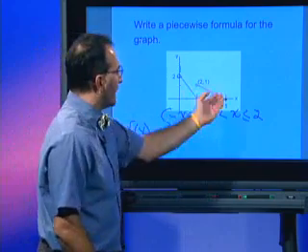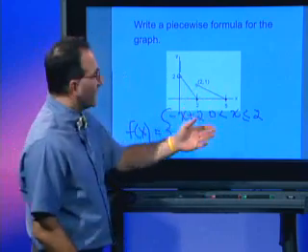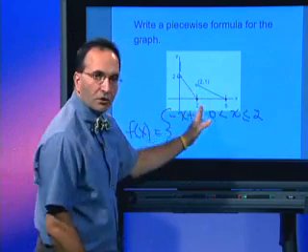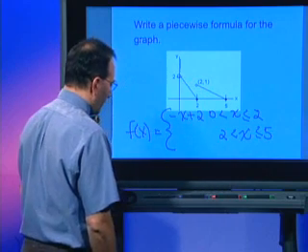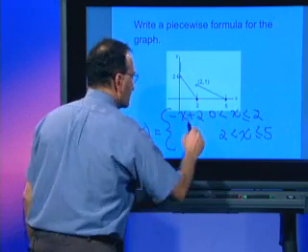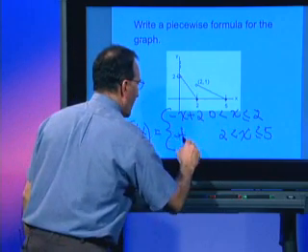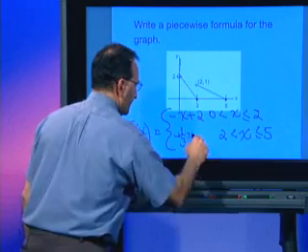Well, but what about this other piece? The other piece starts at 2, but it doesn't include the point 2. And it goes up to and includes the point of x equaling 5. Now, this particular graph has a different slope. In fact, the slope of that turns out to be negative 1/3.